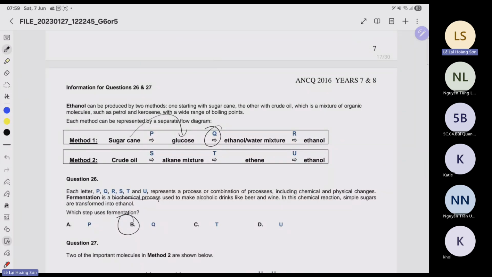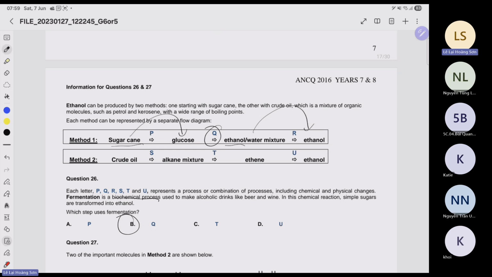Then from glucose to ethanol, this is when you have the change in chemical composition. From sugar cane, you have glucose already in the plant, and now you extract that glucose into the juice. But now, from glucose, you change into a new compound, which is ethanol. So you have a chemical reaction there. So it must be fermentation.